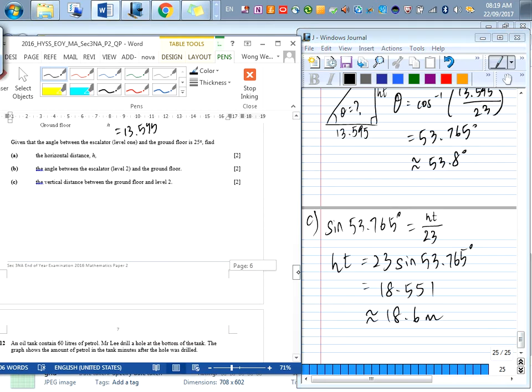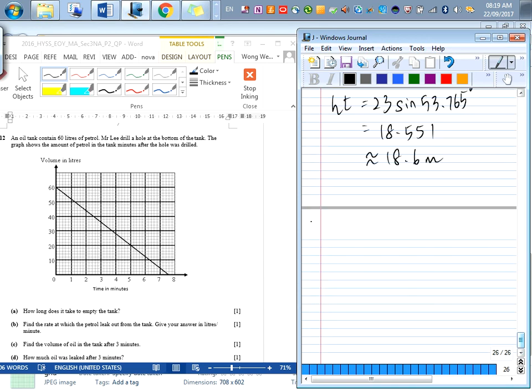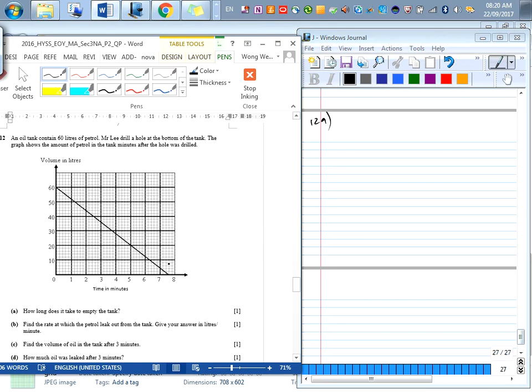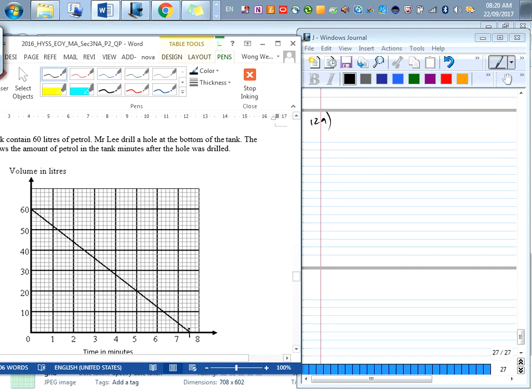Okay, then next question, 12. A. How long does it take to empty the tank? Okay, let's zoom in. It's halfway over here.